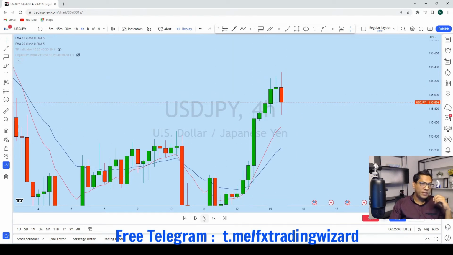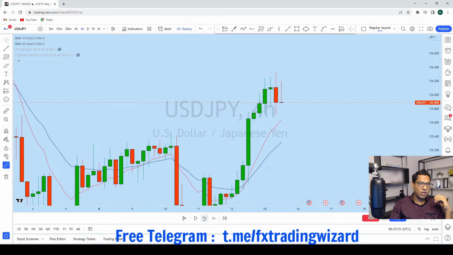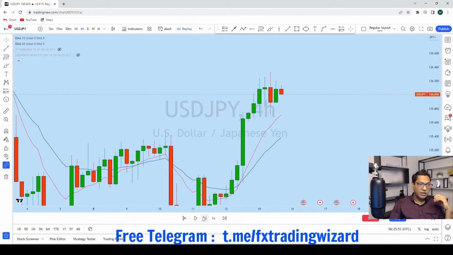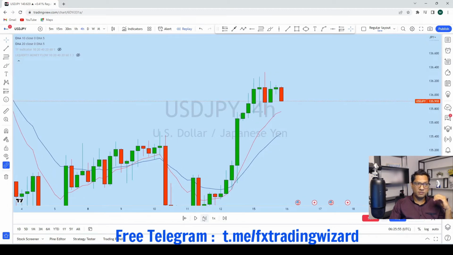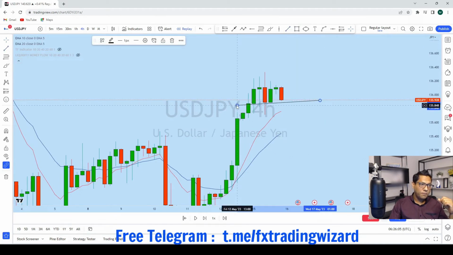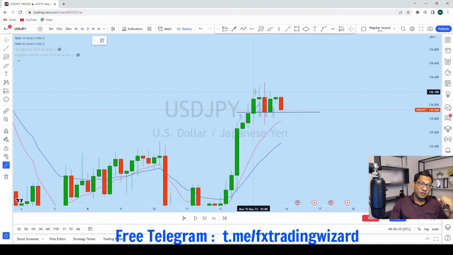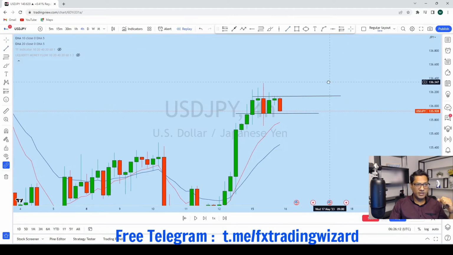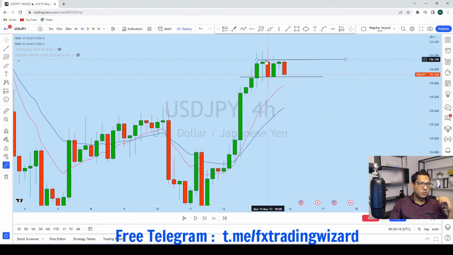Now let's see what's happening next, and what we see is that dollar yen afterwards creates a pattern, a structure. This is the key point to identify the structure. So how do you identify the structure? As you can see, it is a clearly visible pattern. A clearly visible geometrical structure has been created. So an impulse, a structure.